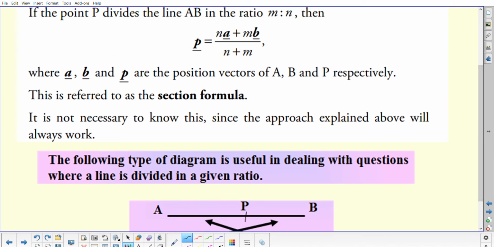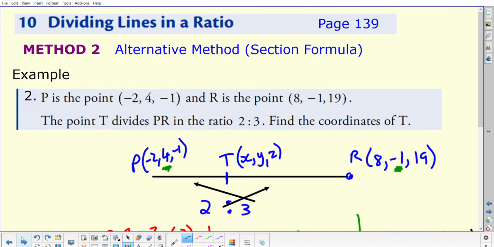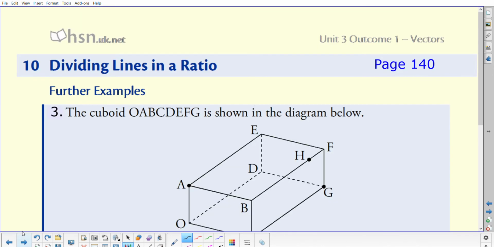So I wouldn't worry too much about learning or memorising the section formula, but actually being able to use it in practice, I personally think is relatively easy compared to the first method.